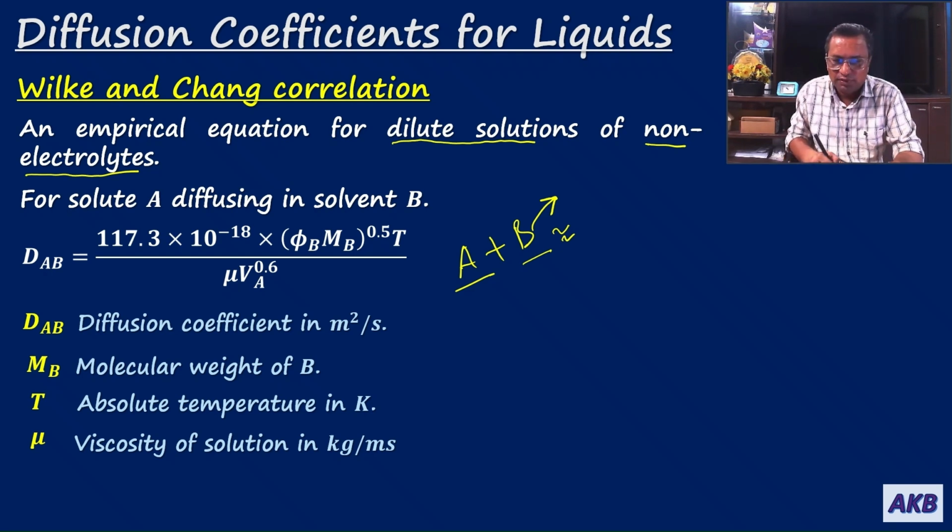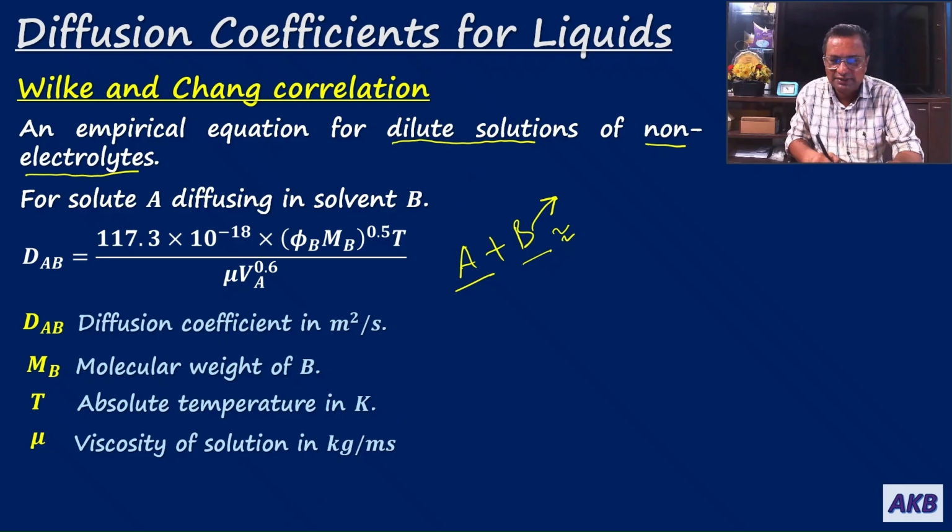Even though we say mu is the viscosity of the solution, you can take it as the viscosity of the solvent, because this equation is applicable for dilute solutions.